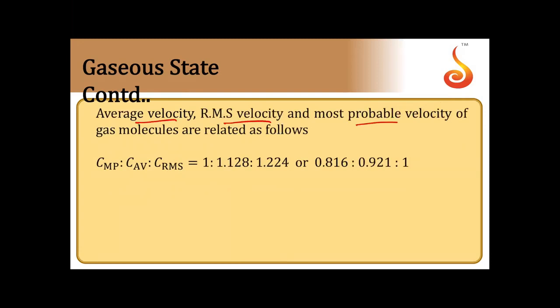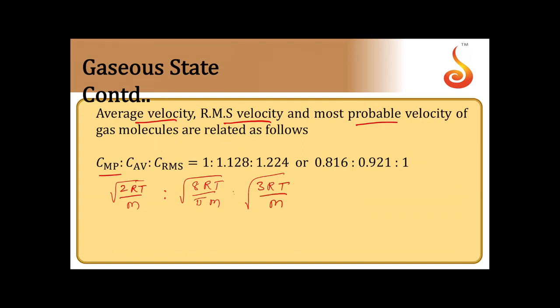So from the formulas we can get the ratios of these three. We know that most probable velocity is equal to the square root of 2RT by m, average velocity is equal to the square root of 8RT by pi m, and RMS velocity is root of 3RT by m.